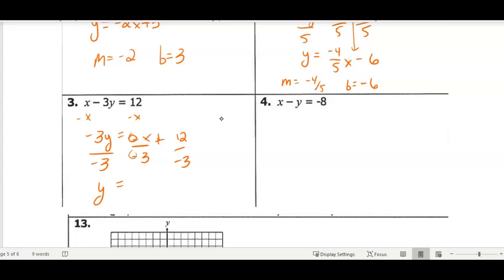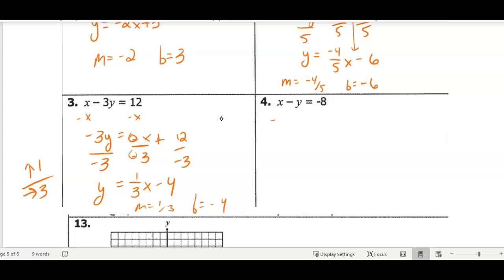Then I have x divided by 3, which is really 1/3 x, because if we were graphing, that would be rise over run. We would be going up 1 over 3 as our slope. And then 12 divided by negative 3 becomes negative 4. So my m equals 1/3. My b equals negative 4.